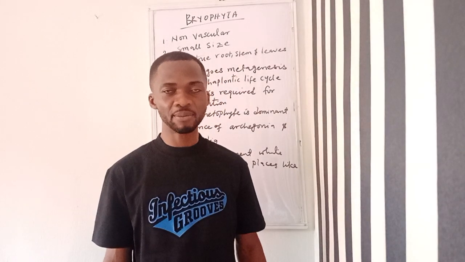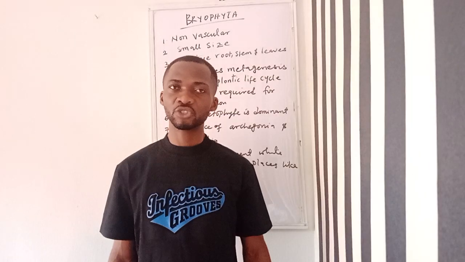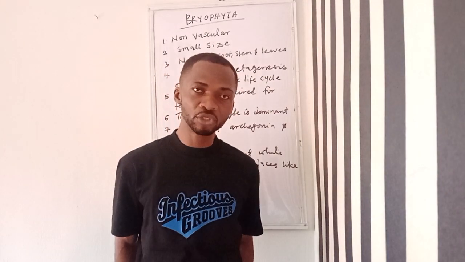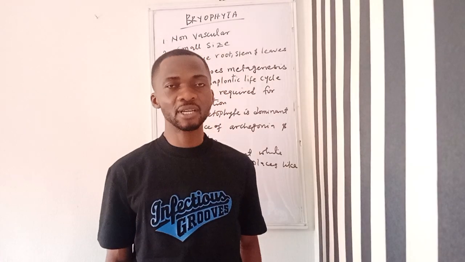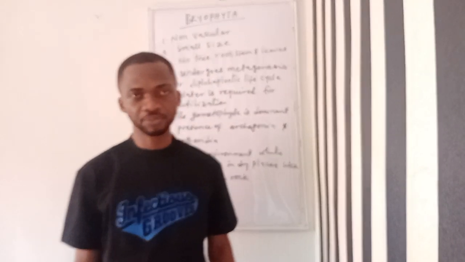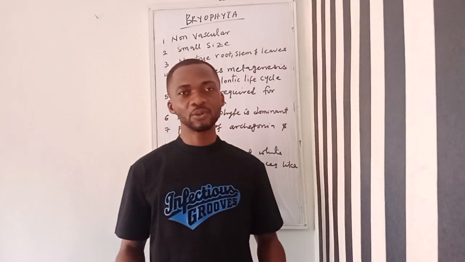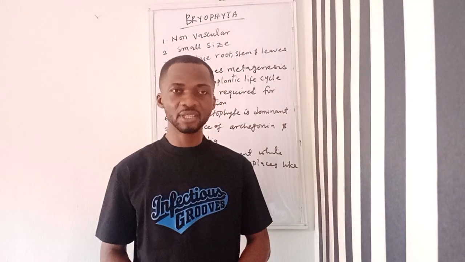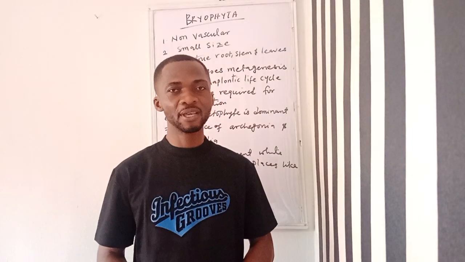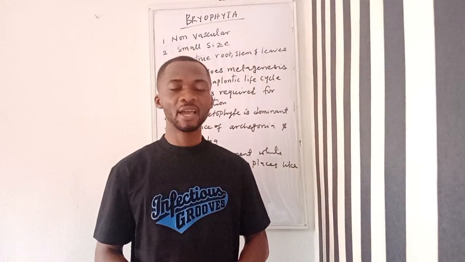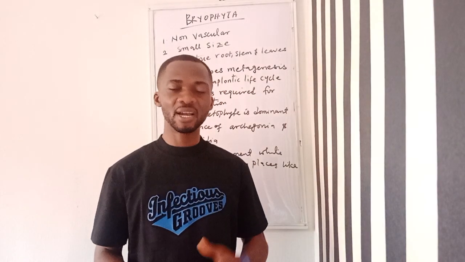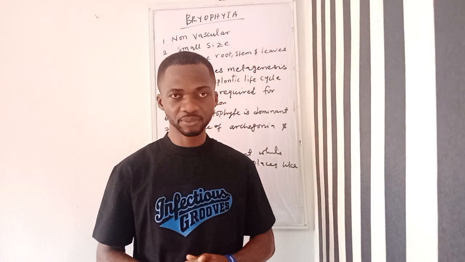The first group that I mentioned was Schizophyta, and the second group was Talophyta, where we discuss algae and fungi. We want to study the third group today, and that third group is called the Bryophyta. After Bryophyta, of course, you now have your pteridophyta and spermatophyta.